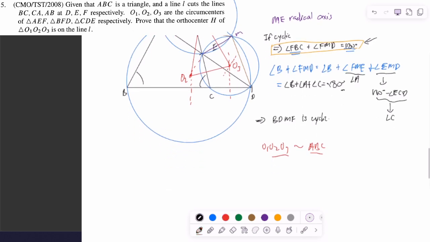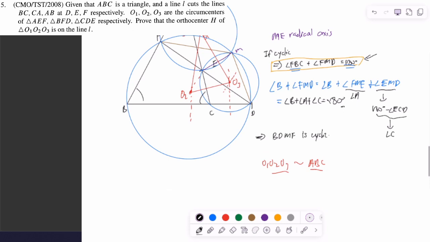And now note that MF is the radical axis between the circle with O1 and the circle with O2 as centers.